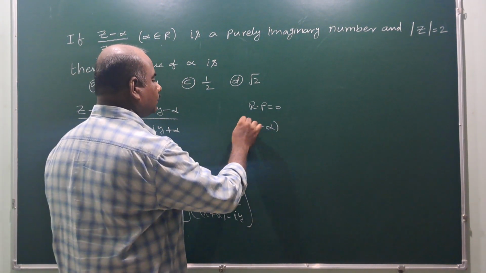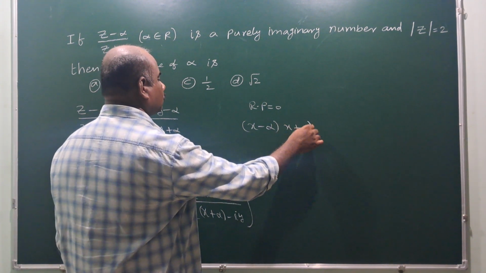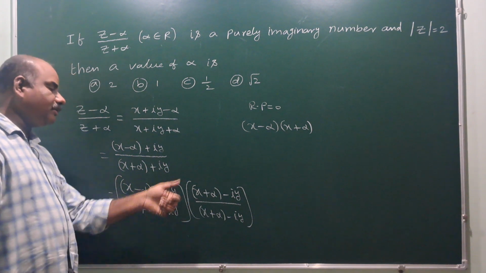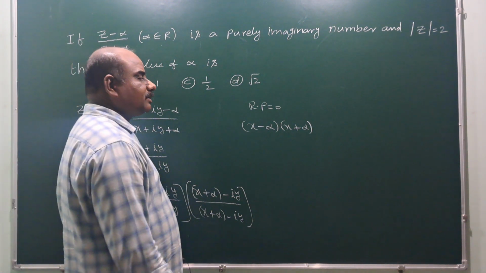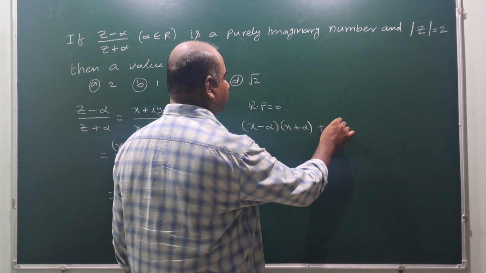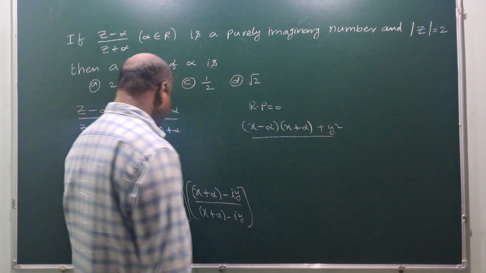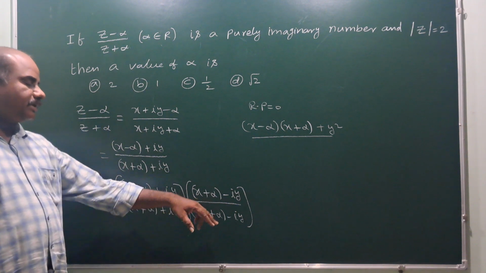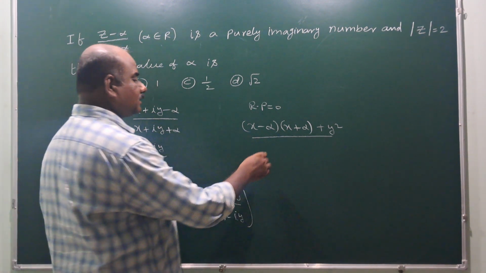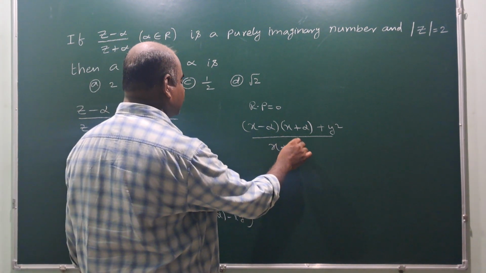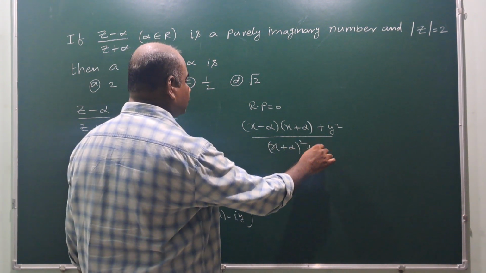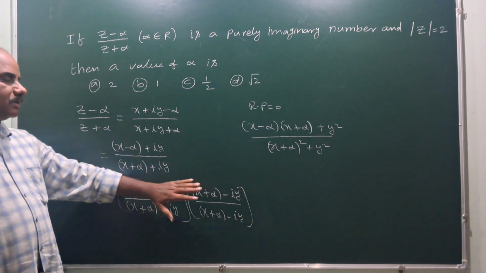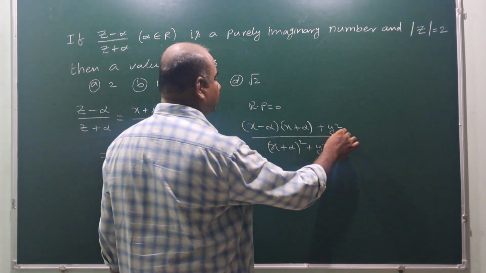Then multiply the imaginary parts, iy into minus iy, which is minus i square y square, which becomes plus y square. In the denominator, a plus ib into a minus ib gives a square plus b square, that means (x plus alpha) whole square plus y square. Entirely this is the real part of this complex number, and it is equal to 0.